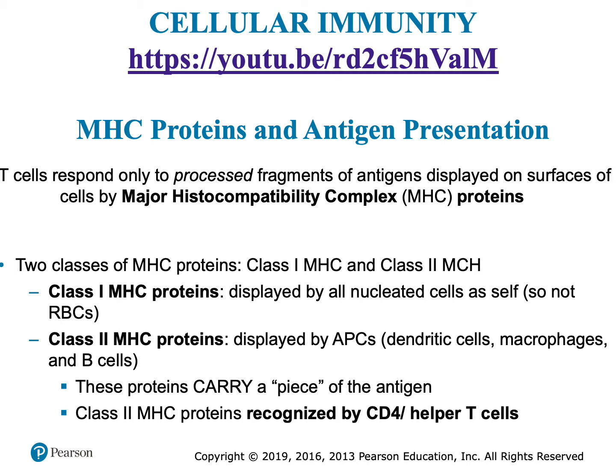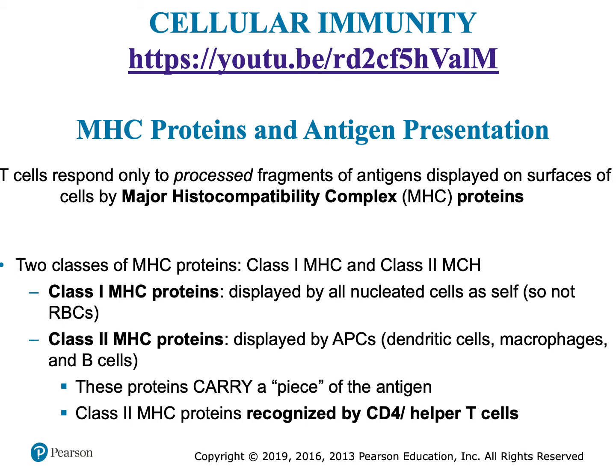Now they are nucleated, so they also have MHC1s. You know, your cell membranes are loaded with different proteins. You remember, there were the integral proteins that were channels, but there were also the peripheral proteins. So there's all kinds of proteins embedded in a cell membrane.